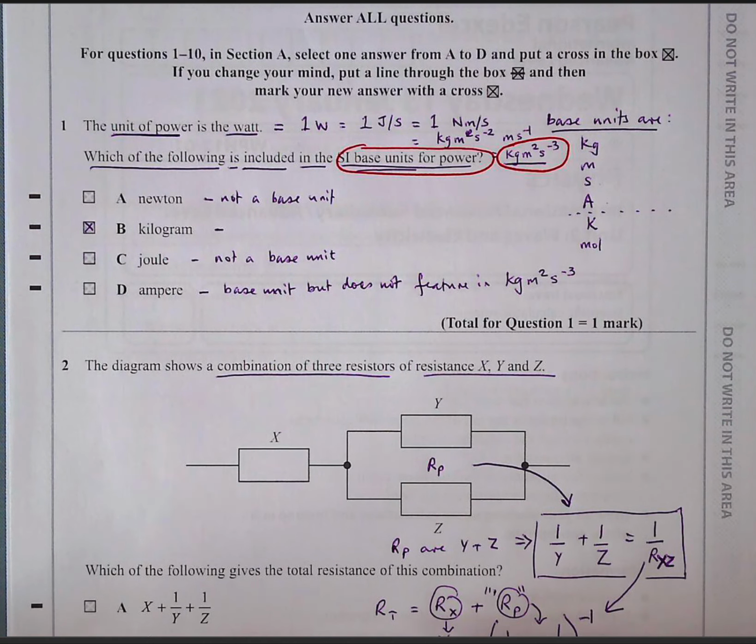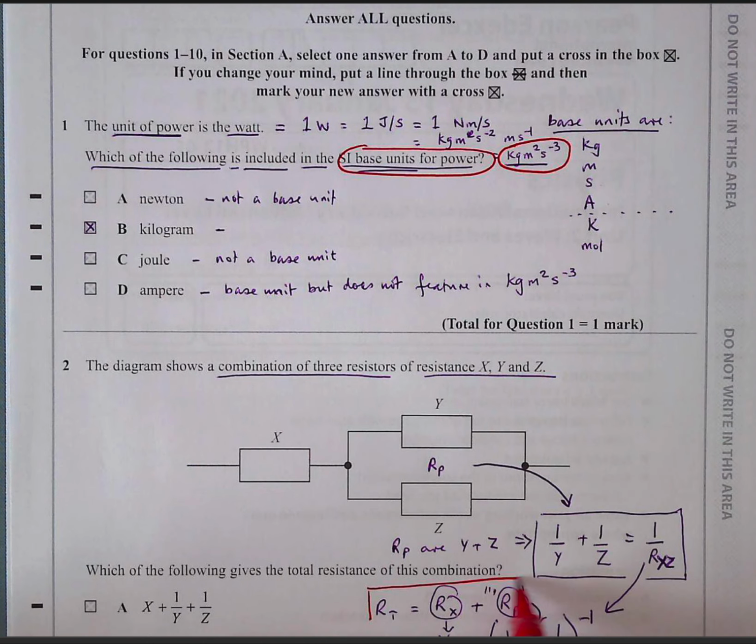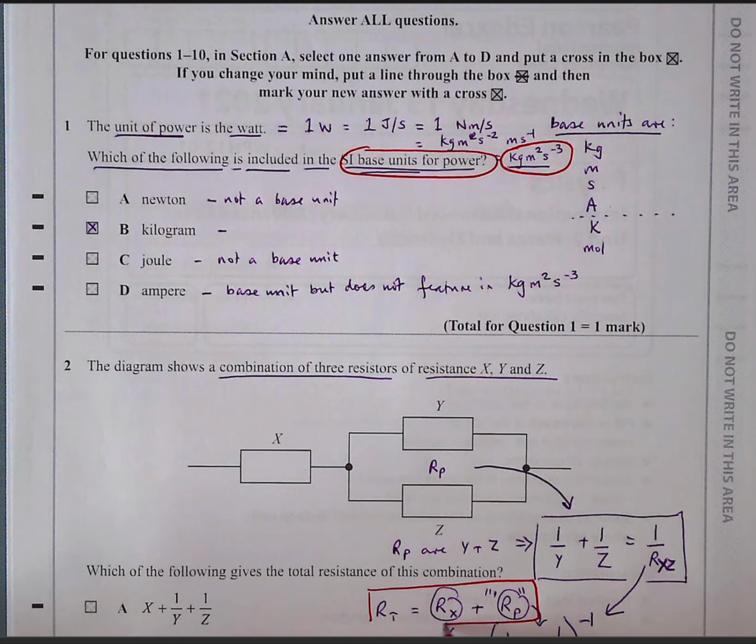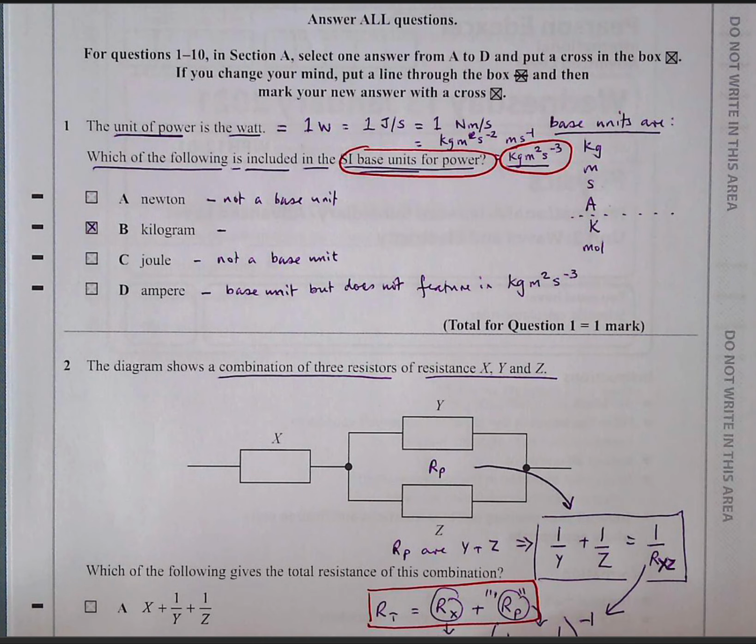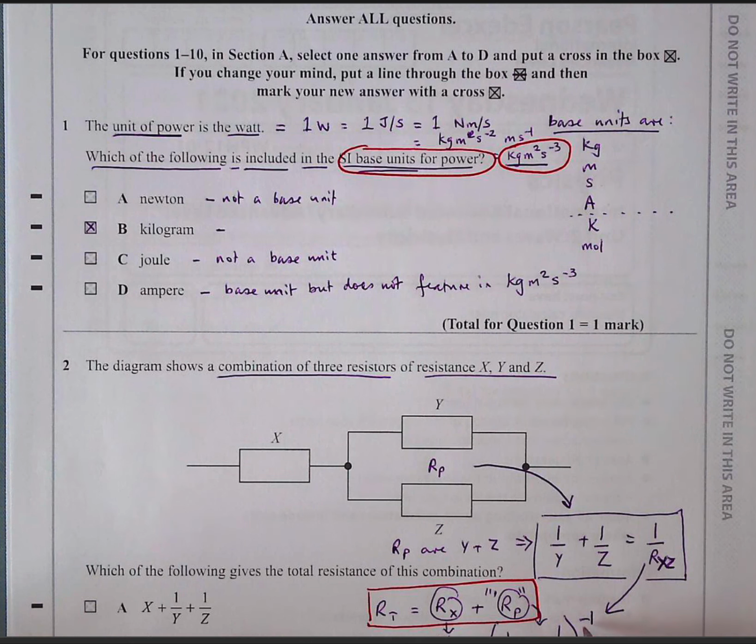Then the total resistance will be Rx plus whatever the algebra is for the resistors in parallel. Well, the Rx is just X, so you add it in. So 1 over Y plus 1 over Z, you need to inverse it because this is on the bottom of the fraction, so it's to the power of minus 1.